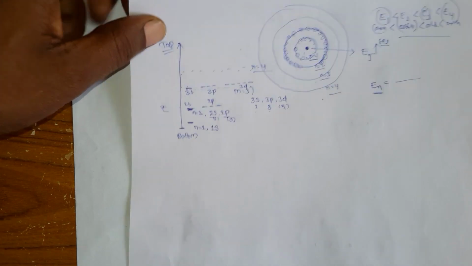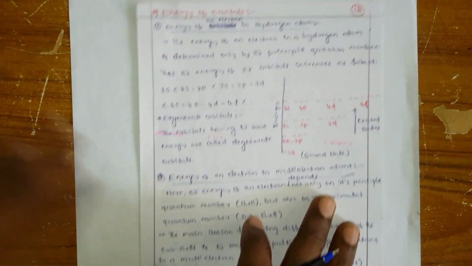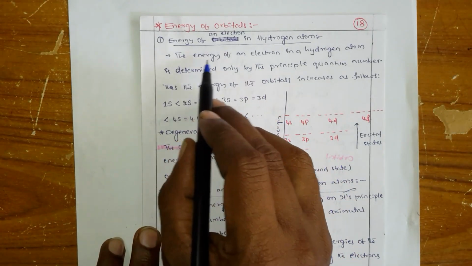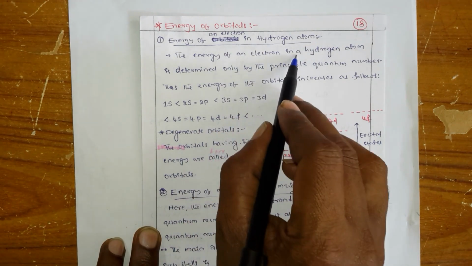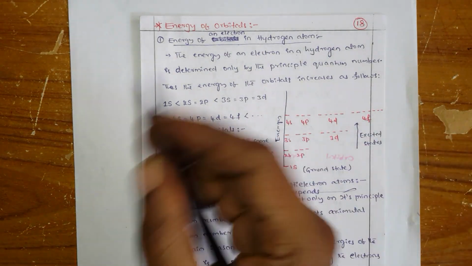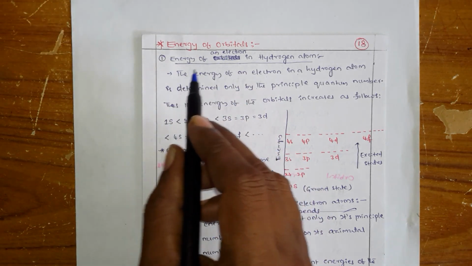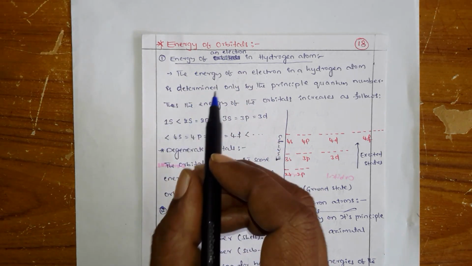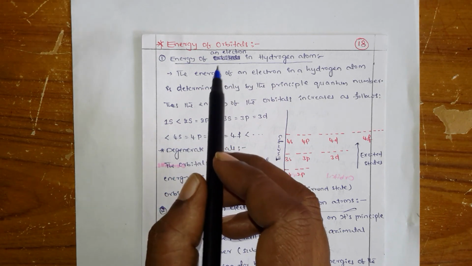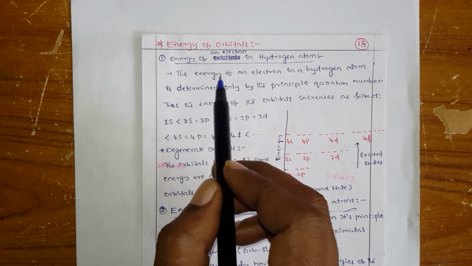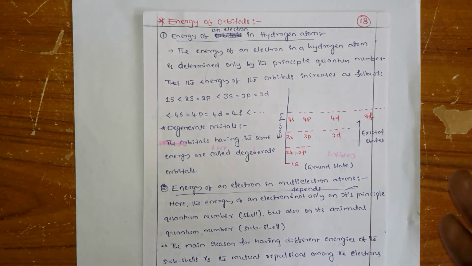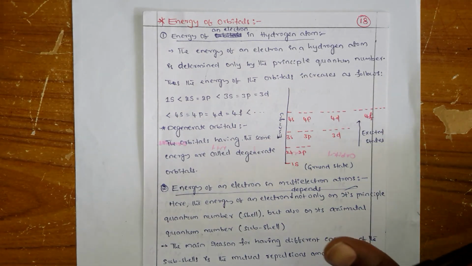Are you clear now? Look at this. Before going to the energy of orbitals, we can express this in two types: one is atoms with only one electron, and another is atoms with more than one electron.